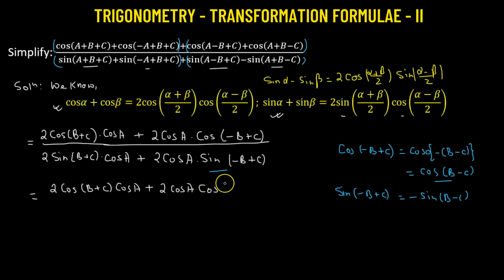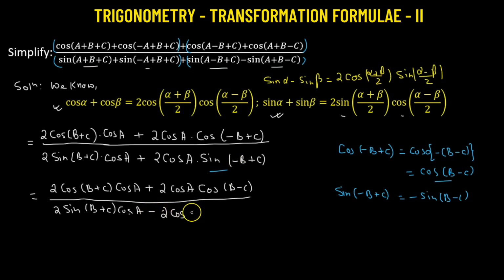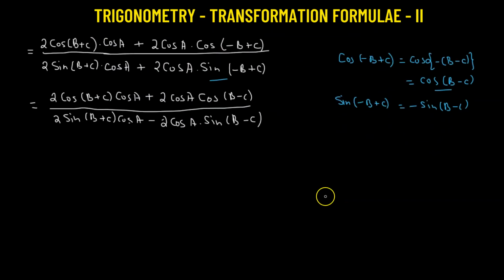Now cosine of b minus c, all divided by 2 times sine of angle b plus c multiplied to cosine of angle a, plus negative times 2 times cosine of angle a multiplied to sine of angle b minus c. What we'll do now is take 2 cosine a as the common factor in the numerator.